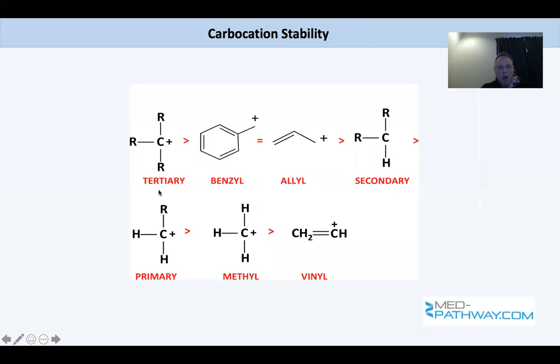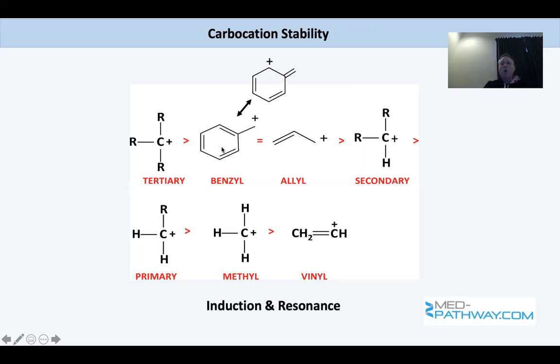So we've seen carbocation stability with tertiary, secondary, and primary. Now I added on benzyl, allylic, methyl, and vinylic or vinyl. And so what you can see is tertiary is more stable than a benzyl. Over here on the benzyl, you see the carbocation at the end of this carbon that's outside the ring. But what can happen through resonance is that this positively charged carbon can be shared amongst the constituents in the ring.